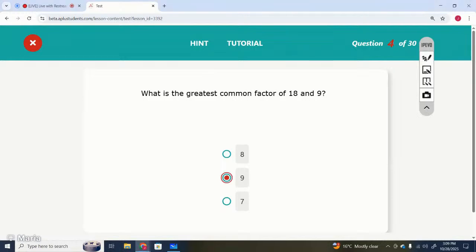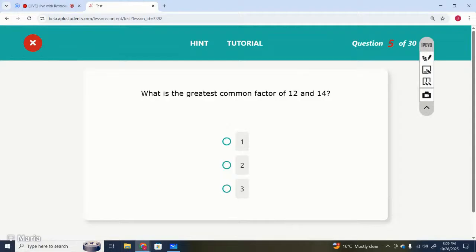The correct option is 9. Option number 2 is the correct option. What is the greatest common factor of 12 and 14?